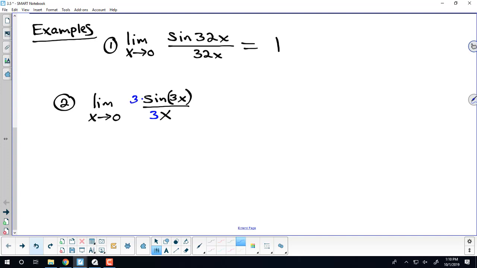So we're just multiplying the thing by a form of 1. So I'm going to rewrite this over here. So we want that to match the argument of sine, which means we need to multiply top by 3 as well.